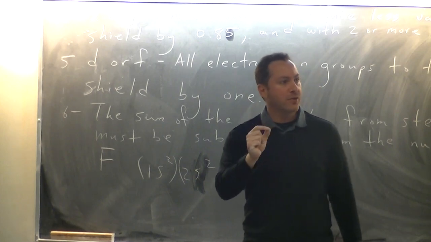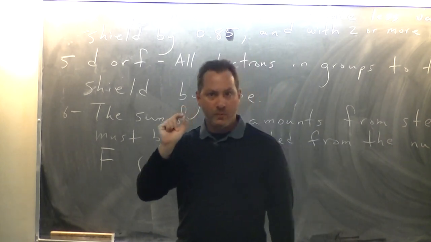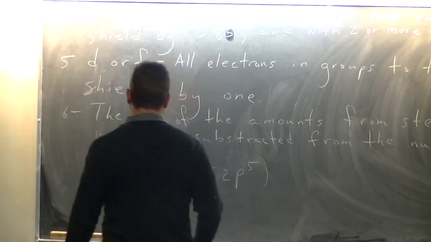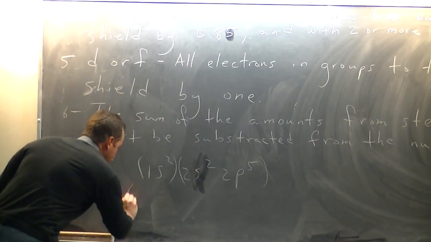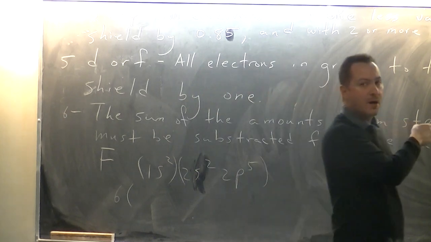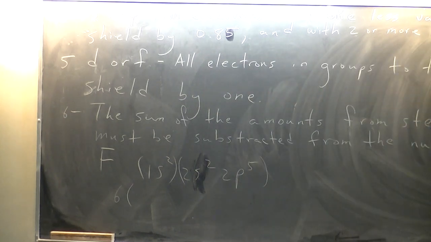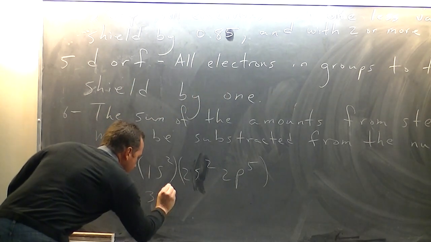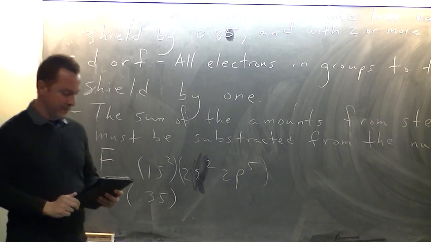So how many electrons are shielding one electron in the valence shell? 6, right? So 6 electrons times the shielding parameter that in the same group would be how much? 0.35. Very good.